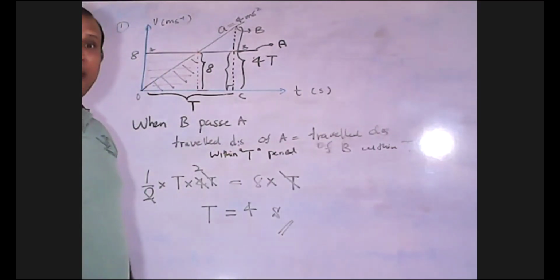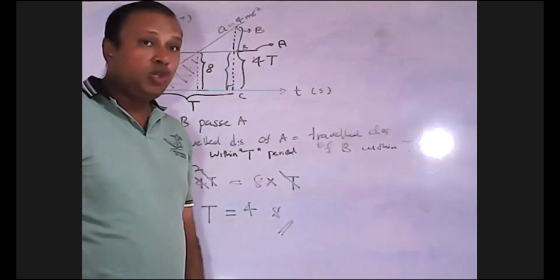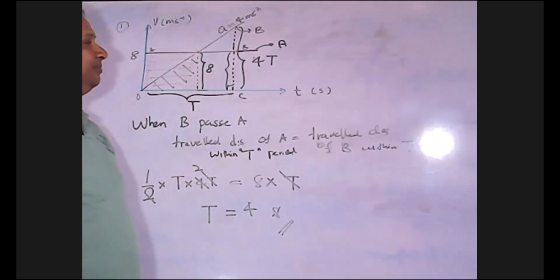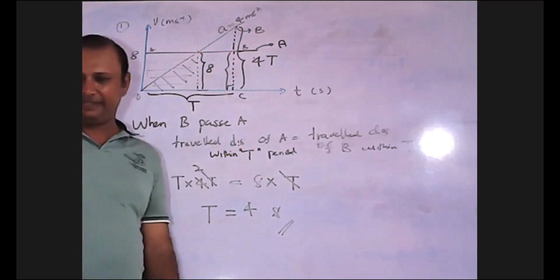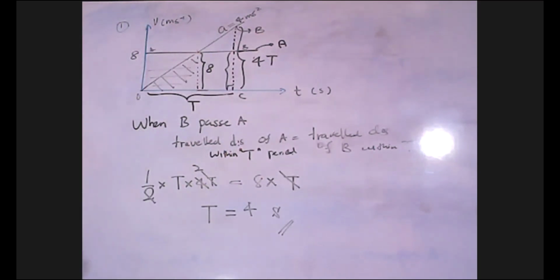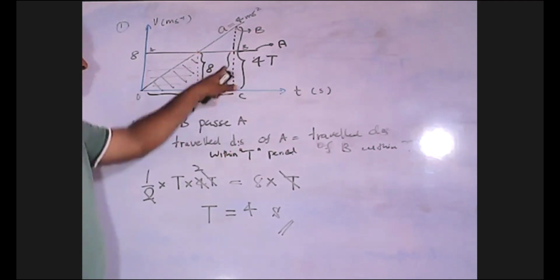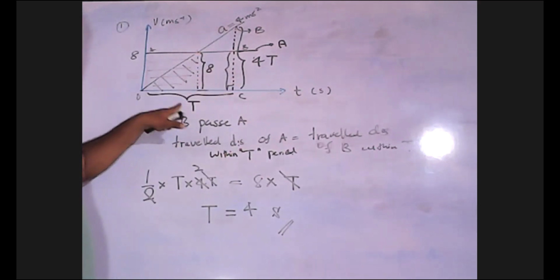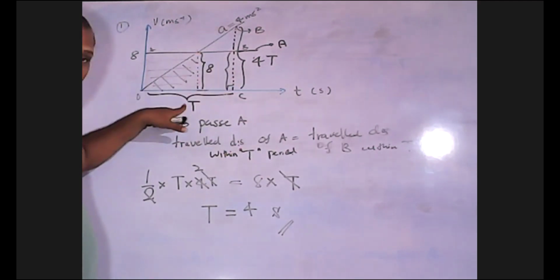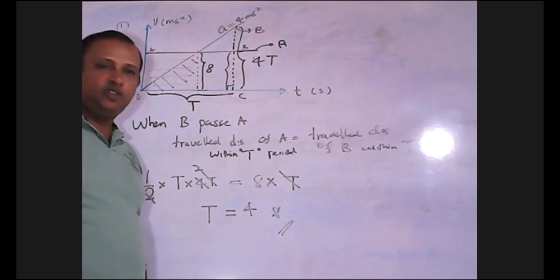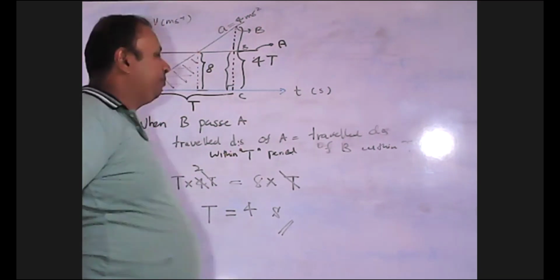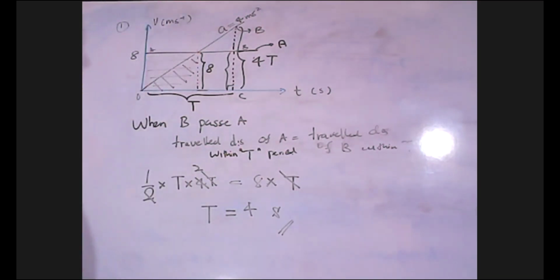Therefore, the displacement of both objects should be equal. That is the second argument. Then you can find the displacement. Now T is 4, into 8 means 32 meters. It is 32 meters from the starting point.